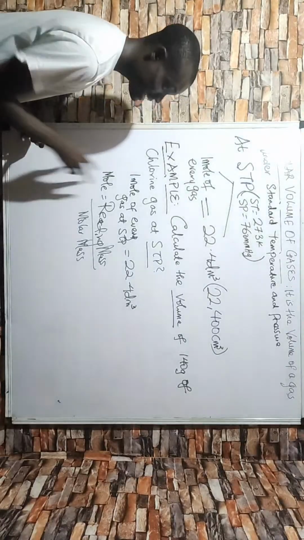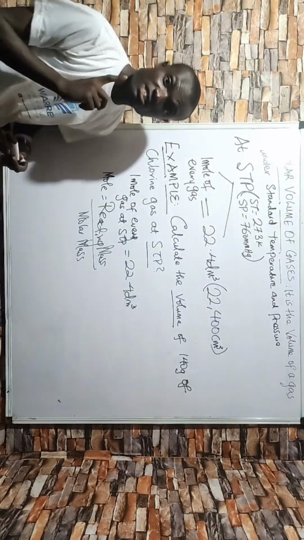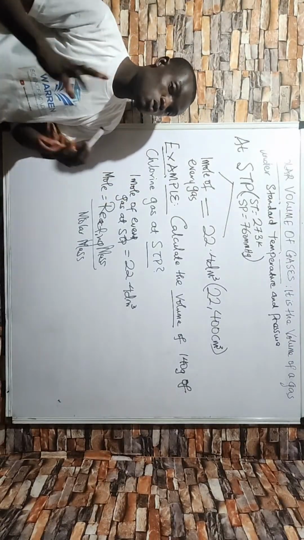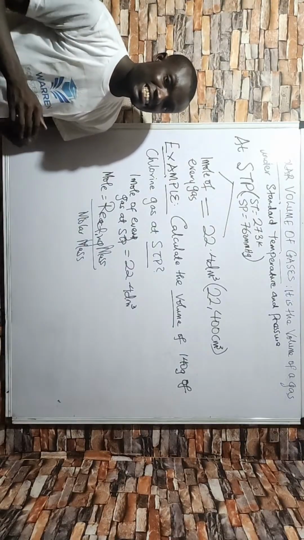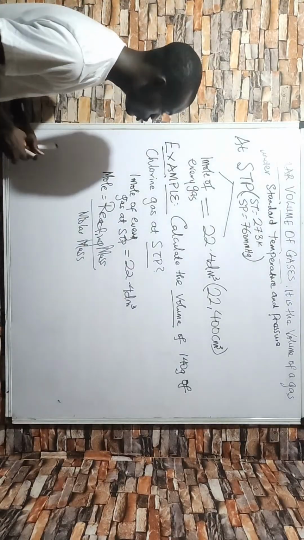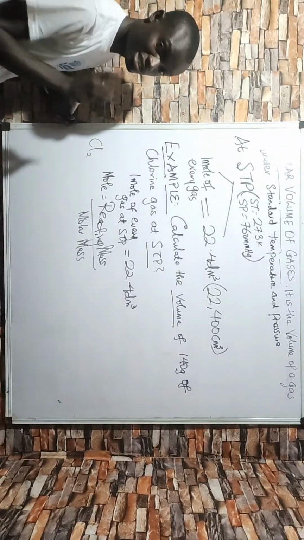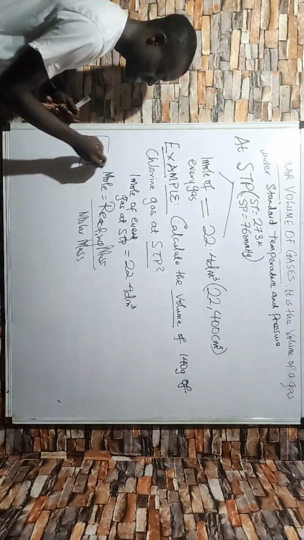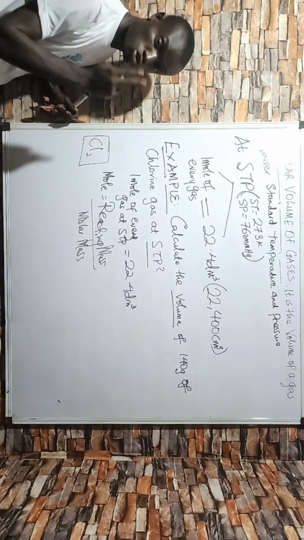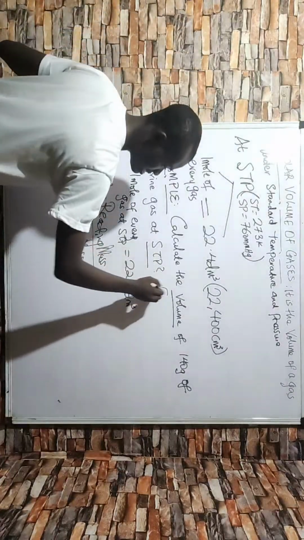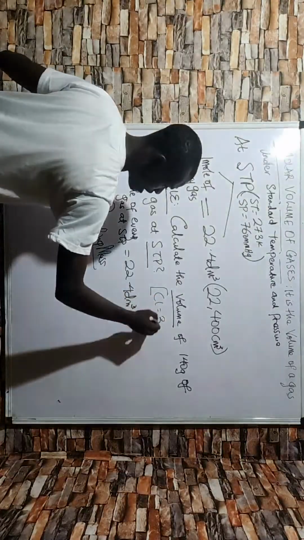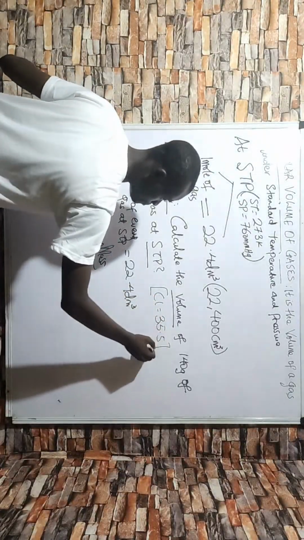Now, like I said also in this video, most gases exist in a diatomic state. Chlorine gas will be seen as Cl2, not just Cl. Gases are usually diatomic. In a bracket, chlorine is usually 35.5.